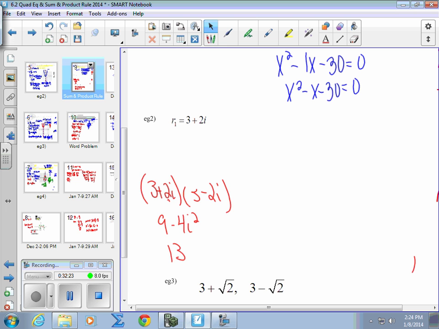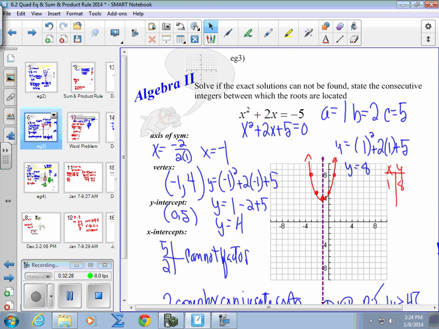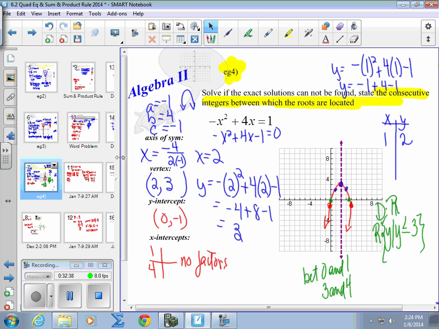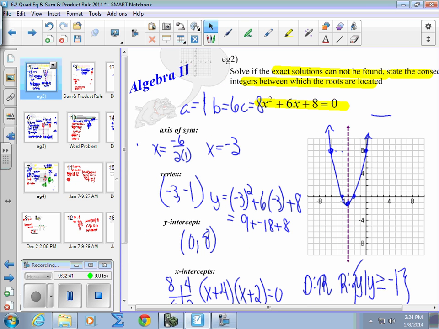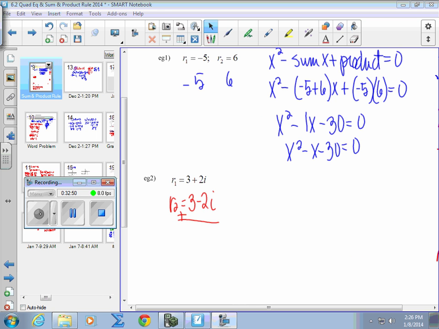But let's jump back here to some of these over here. We said that the sum of these two numbers is 6.